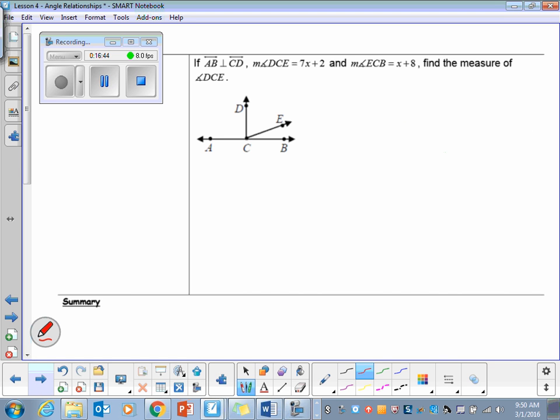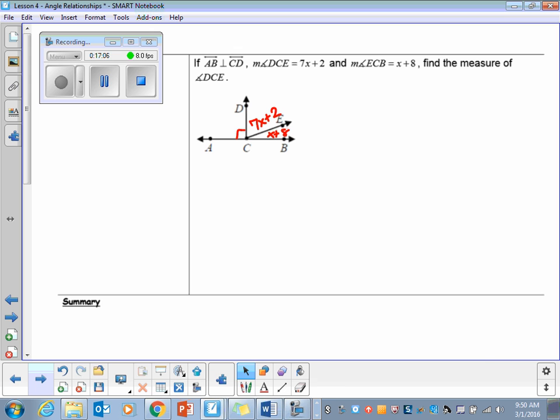All right, AB is perpendicular to CD. That means I've got a right angle right here. DCE is 7x plus 2, and ECB is x plus 8.